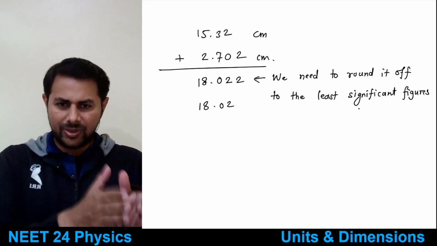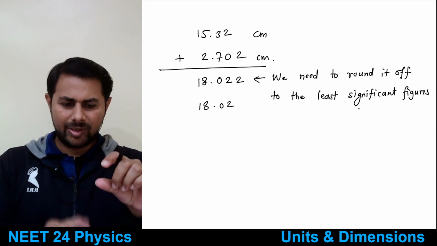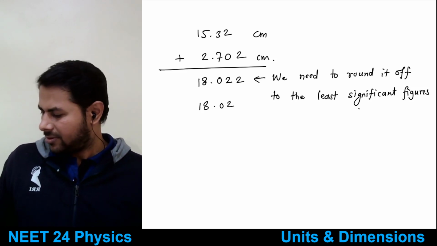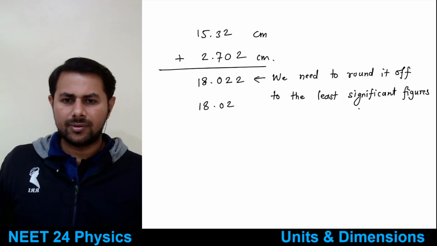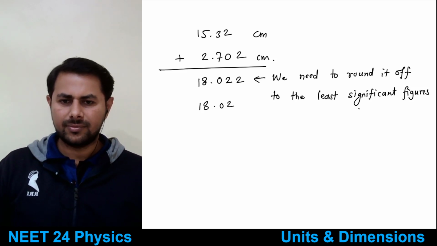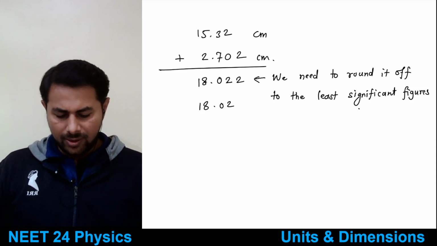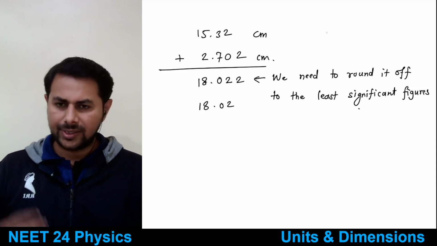That is before the decimal point, but 0 in between two significant digits are also significant, no? Right? Good.